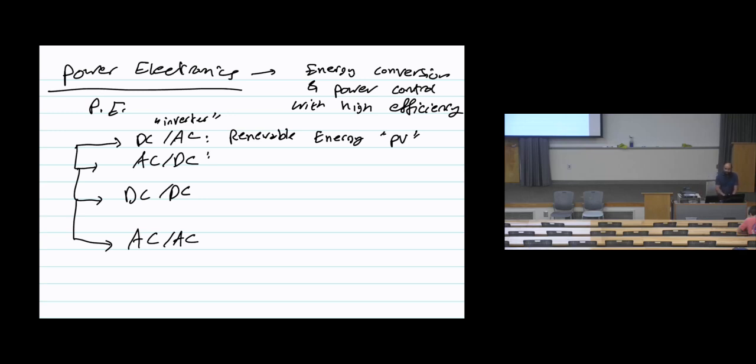How about AC to DC? What's the practical use for this? Sometimes we call it a rectifier. And this can be used in chargers, for example, battery chargers. Battery chargers can include your cell phone charger, your iPad or tablet charger, whatever.